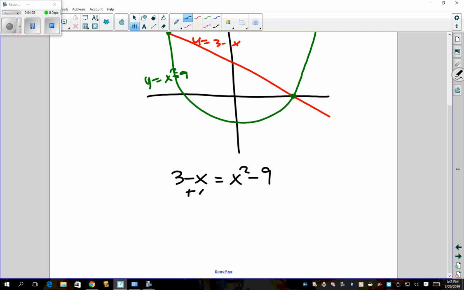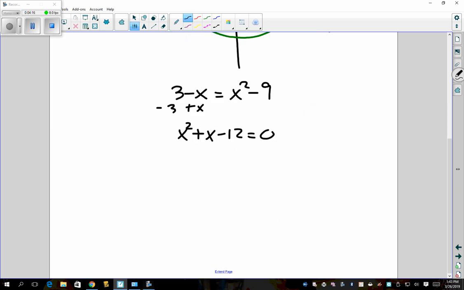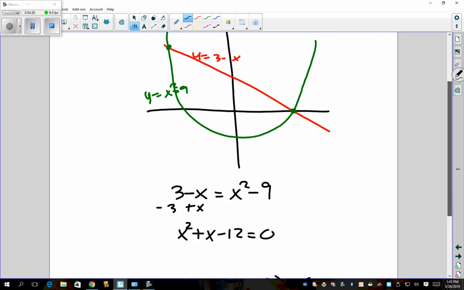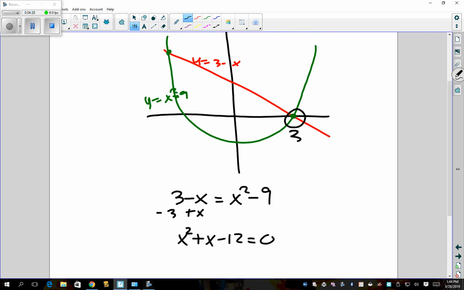So all I'm going to do is move everything over to get x squared plus x minus 12 equals 0. So I get x plus 4, x minus 3. So my two bounds are -4 and +3. Those are the points where my graphs intersect. So I know my integral is going to be from -4 to 3.